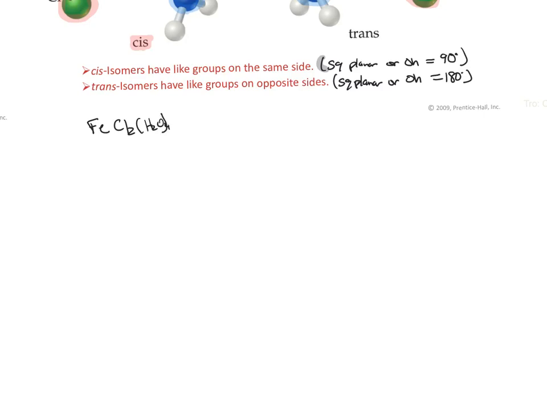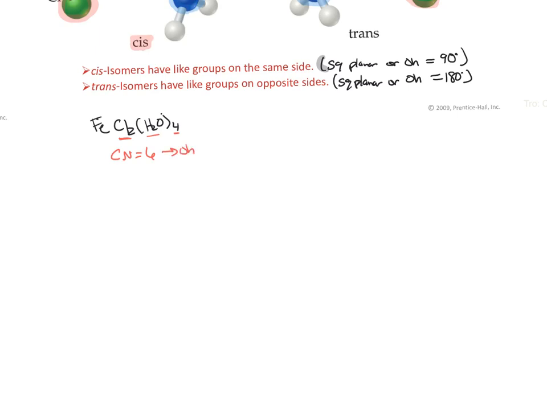And this is a neutral complex, so I actually don't need these square brackets. I see that my structure is octahedral because I have 2 chloros and I have 4 waters, so my coordination number is 6. So that means I have an octahedral geometry.